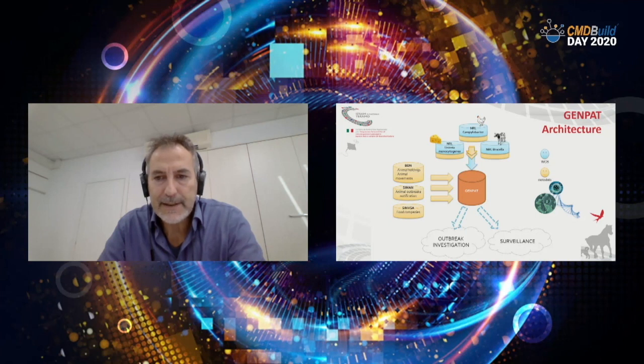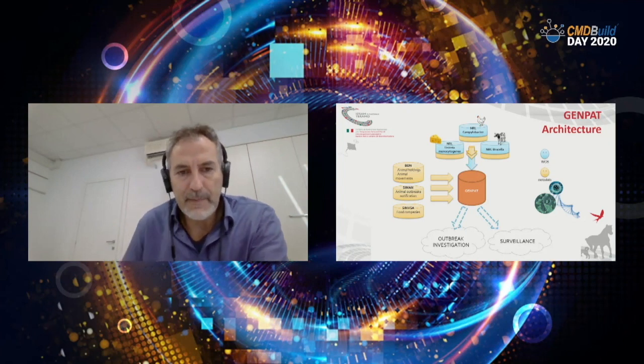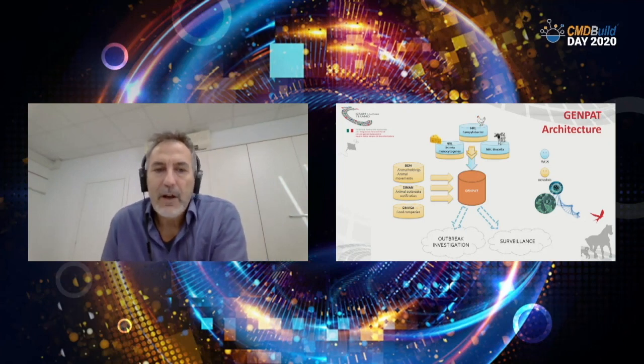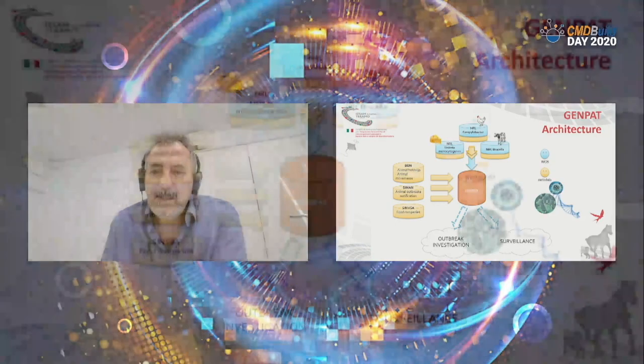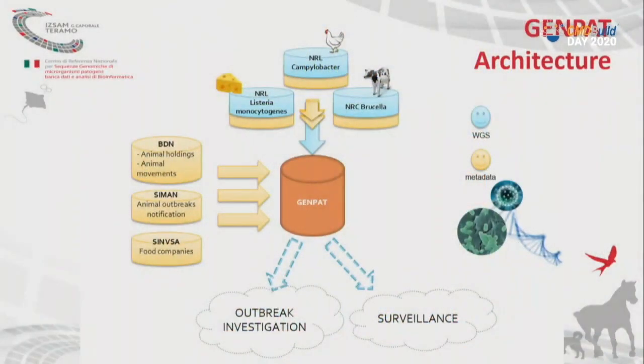Moreover, you see in yellow the metadata, and the blue ones are the results of the WGS analysis, aiming to type the microorganisms. On the yellow boxes on the left, we have the official national information systems, like the animal holdings and movements, very useful for the cows.